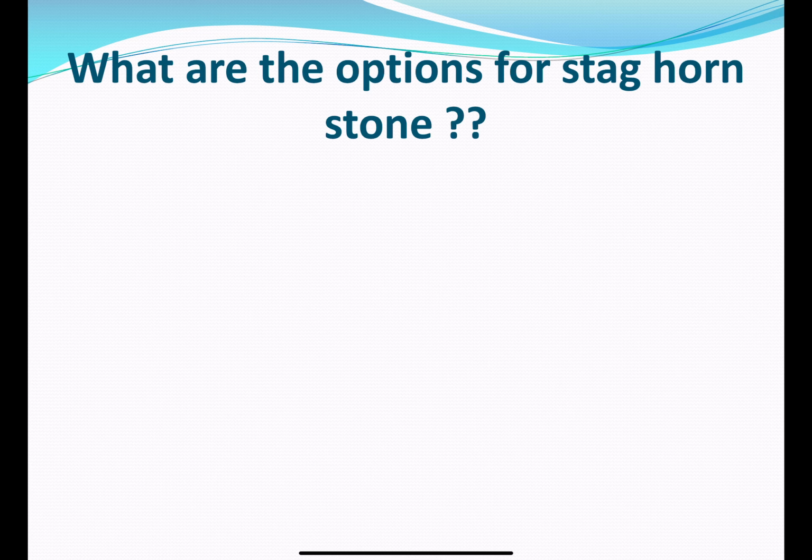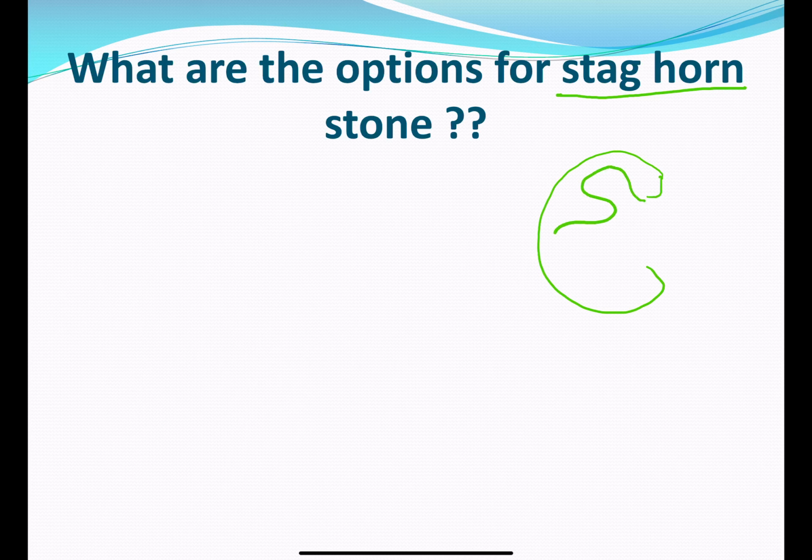Now the question may arise, what to do about staghorn? Staghorn is a multiple branching stone, comparable to the branching pattern of the horn of a deer. That's why it is known as staghorn stone. It may be a complete staghorn or an incomplete staghorn.